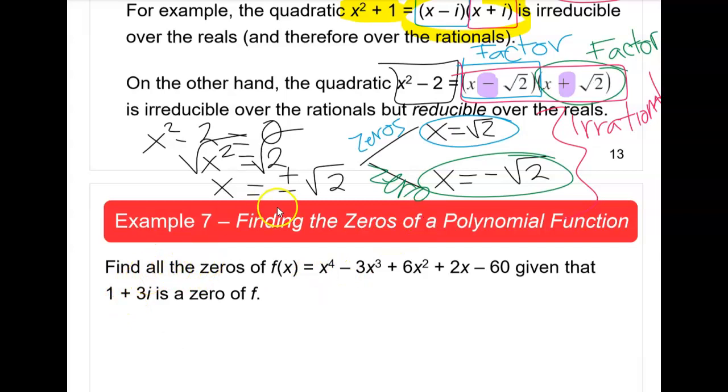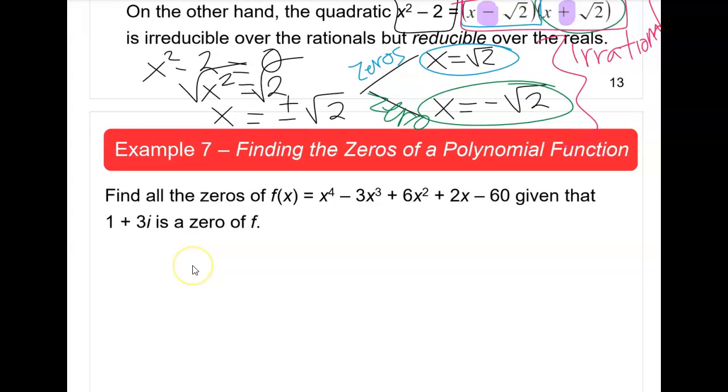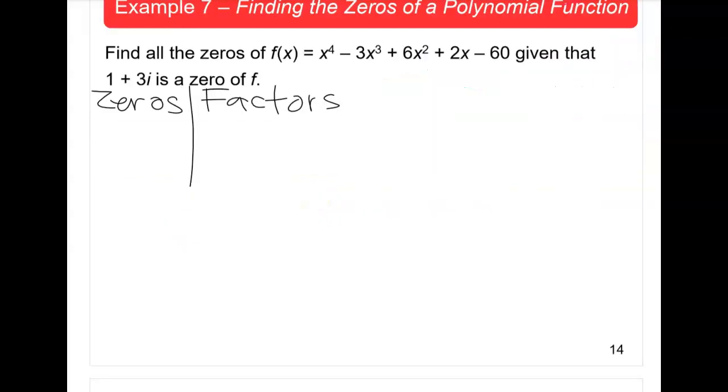Okay, so example 7, we're going to find all the zeros for this polynomial of degree 4. Since we were given one of those zeros, and I noticed that it is a complex number, 1 plus 3i, we have the complex conjugate as well, and that will be x equals 1 minus 3i.